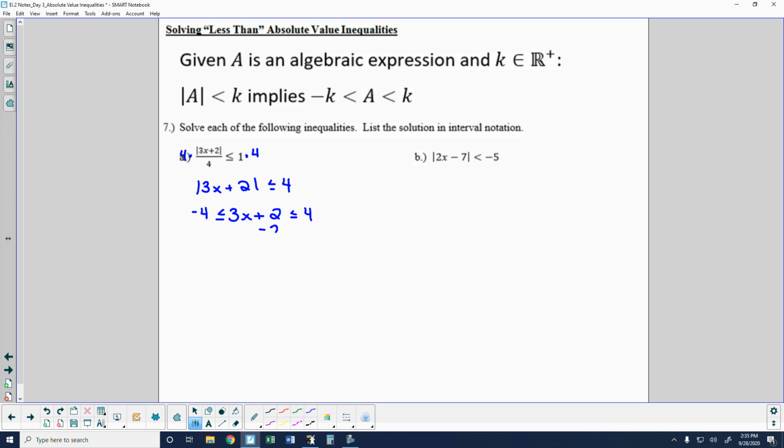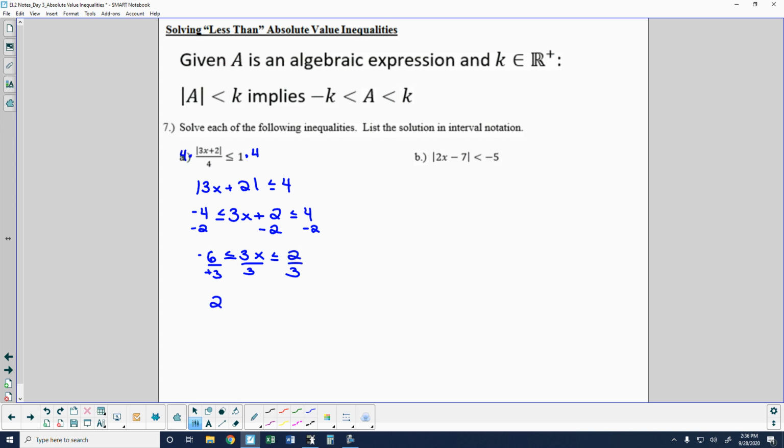Remember, with compound inequalities, if I subtract 2 from the middle, I need to subtract it from both of the outside constants. So I have negative 6 is less than or equal to 3x, which is less than or equal to 2. And then I'm going to divide by positive 3.